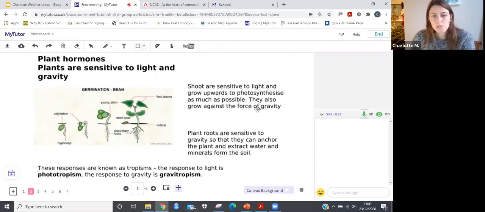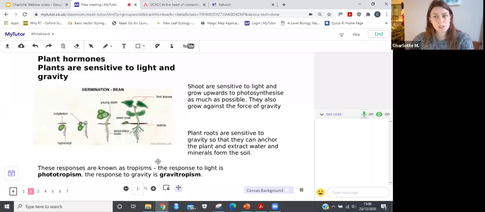Plants also grow against the force of gravity. Plant roots are sensitive to gravity so that they can anchor the plant and extract water and minerals from the soil. So roots grow downwards to make the most of the water and minerals in the soil, and shoots grow upwards to make the most of the light that's needed for photosynthesis.